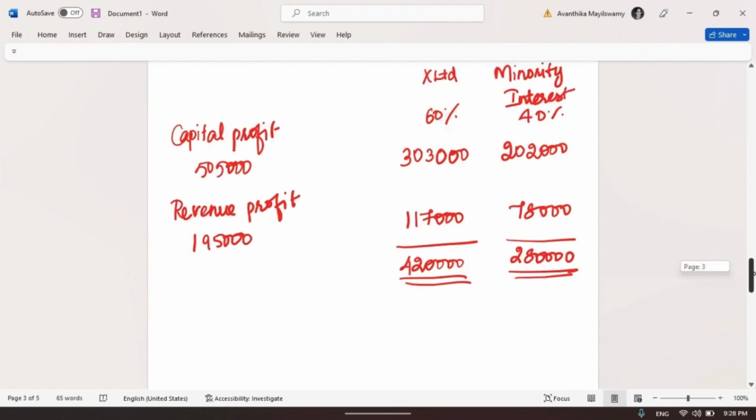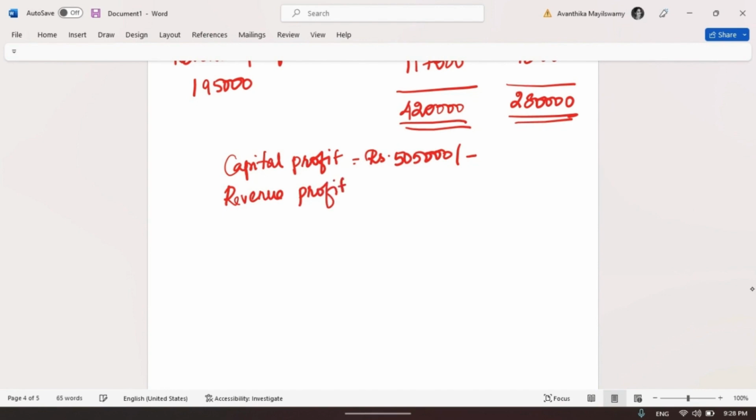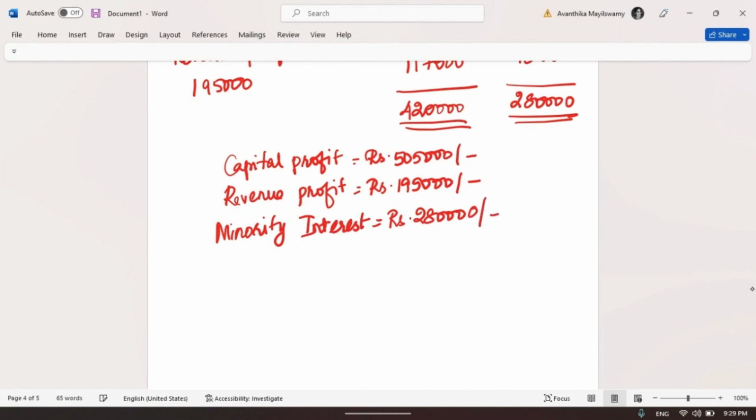So in this question, it is very clear that the capital profit is equal to rupees 5 lakh 5,000, revenue profit is equal to rupees 1 lakh 95,000, and the minority interest is equal to rupees 2 lakh 80,000.